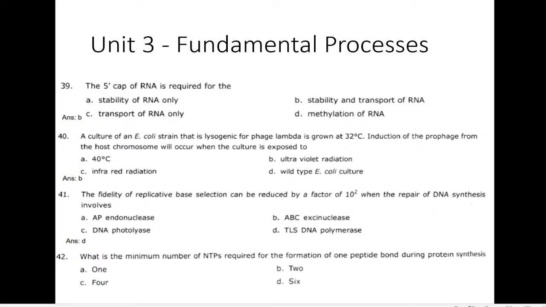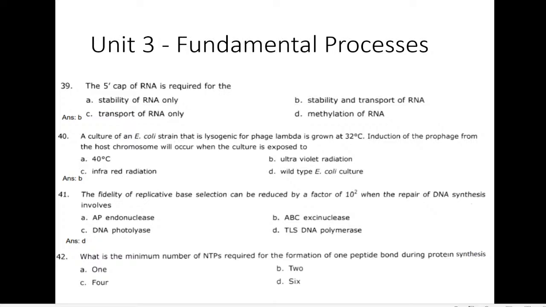One more thing I want to mention is TLS DNA polymerase. TLS is very specific, and it has come up in the past 5 to 10 years.